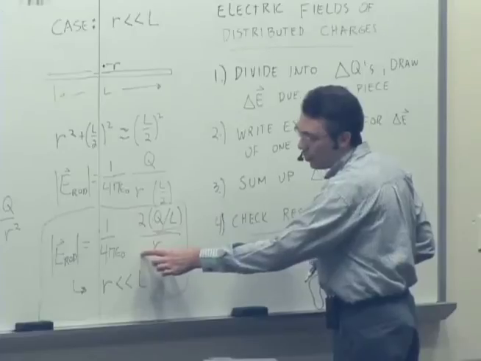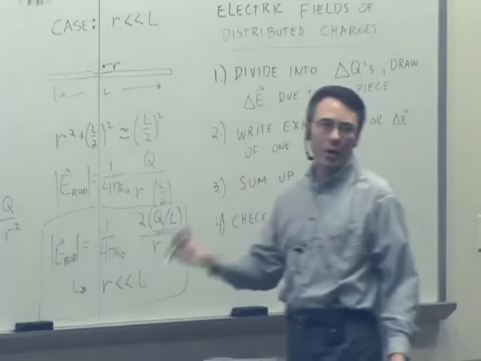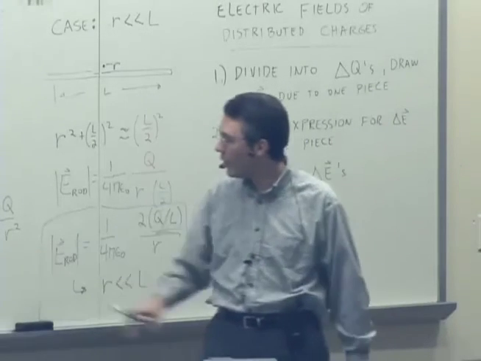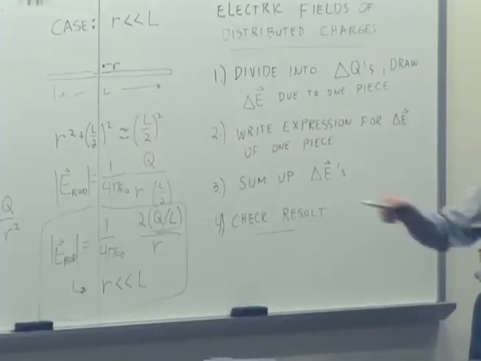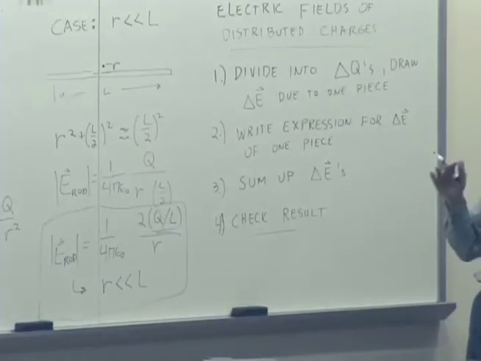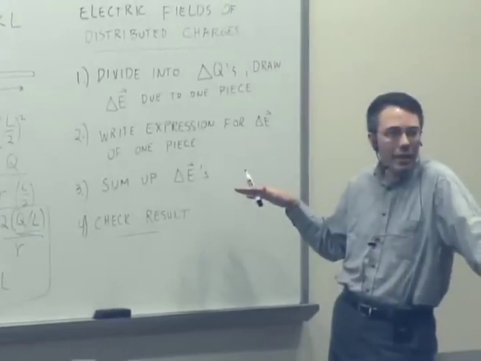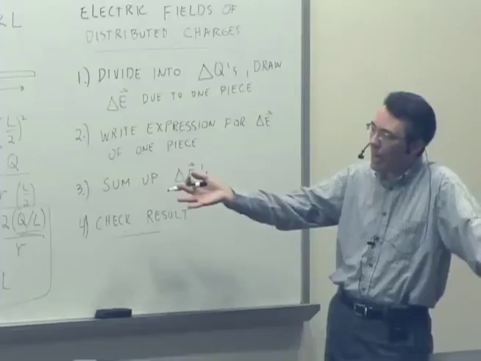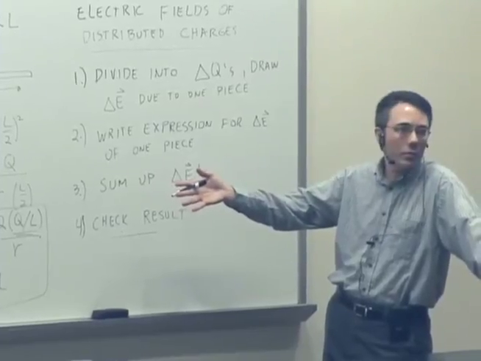And so all we have is just a 1 over r distance dependence. Compare that to a 1 over r squared for the case of a point charge, or 1 over r cubed for the case of a dipole, right? So in this case, it's just 1 over r. The field's going down with distance, but it's not going down as rapidly. So if you double the distance away, the electric field is now 1.